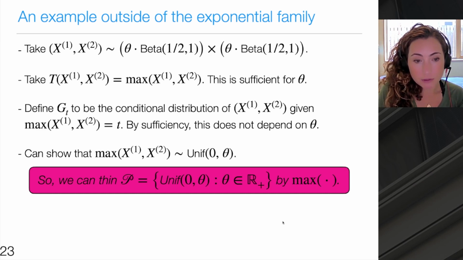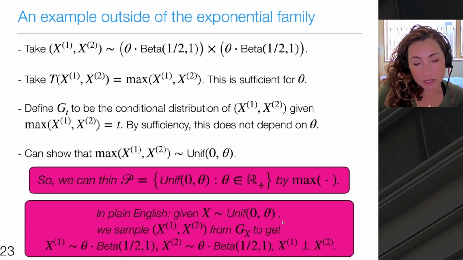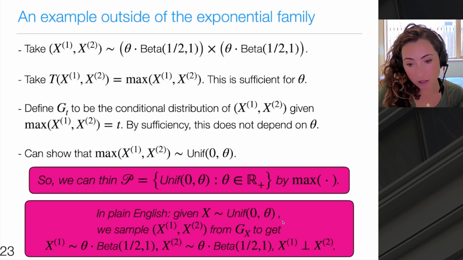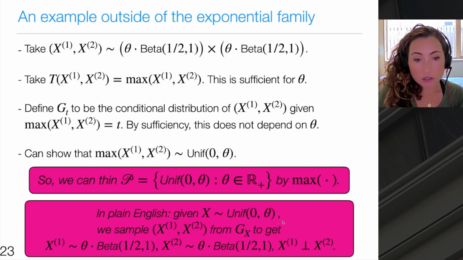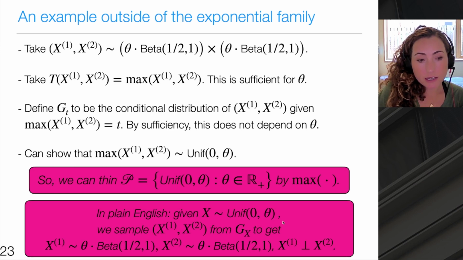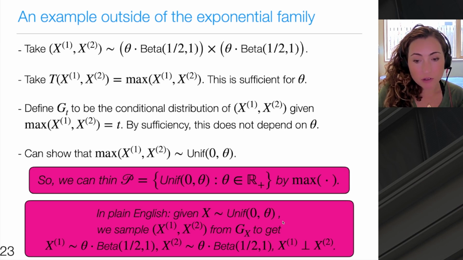Or to put it in plain English, if you give me a random variable x that follows a uniform(0, theta) distribution, I can sample x1 and x2 from g sub x to get x1 and x2 that are independent, where x1 and x2 each follow scaled betas, but involving that unknown parameter theta. And if I wanted to recombine x1 and x2 into x, I would use the maximum of x1 and x2.